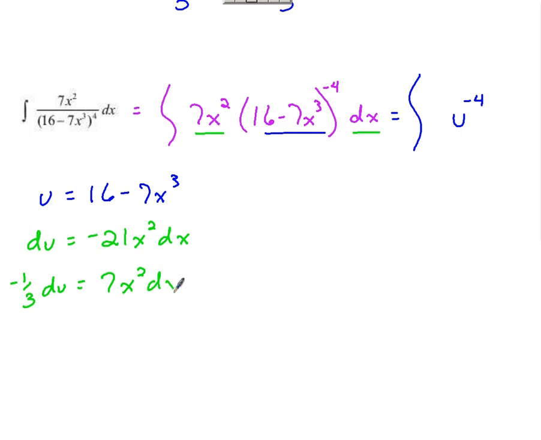And I still have that x squared dx. So wanting to take the 7x squared dx out, I can, as long as I replace it with what it equals down here. So there's my new and improved problem that is much easier to take the antiderivative of.